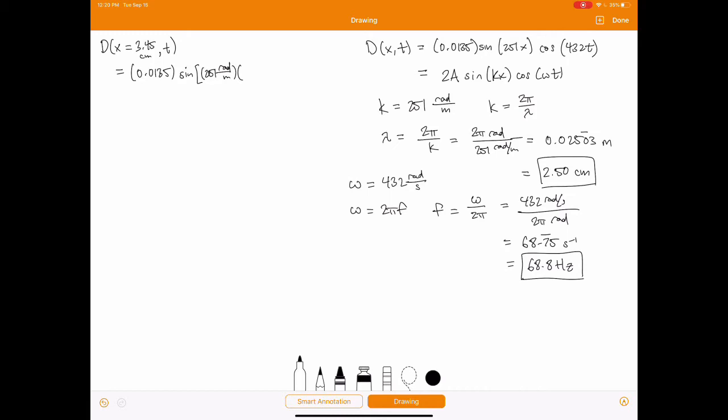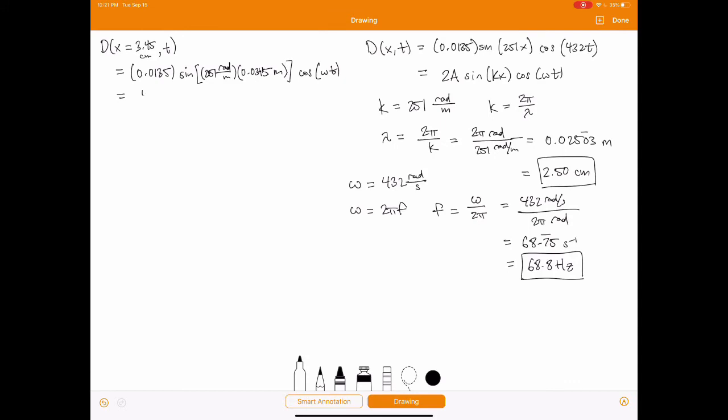And then that's k. We're multiplying by x, which is 0.0345 meters. We need the units to be consistent here. And then we just have cosine of omega t multiplying that. So in other words, at a fixed value of x, we're going to have just some constant multiplying cosine omega t.